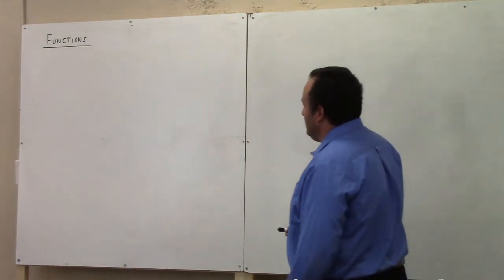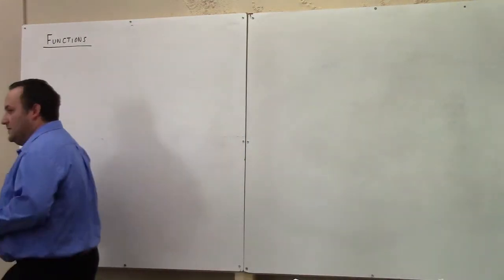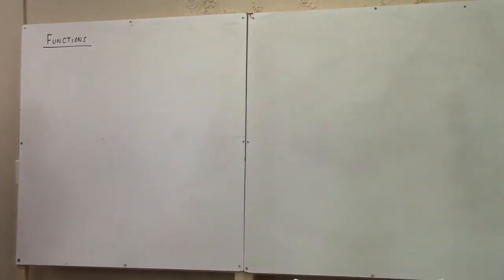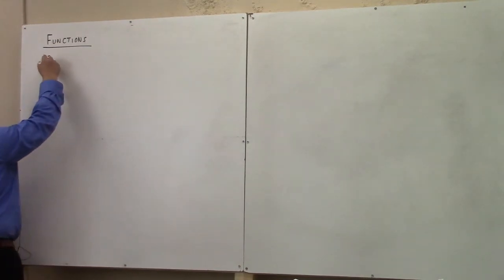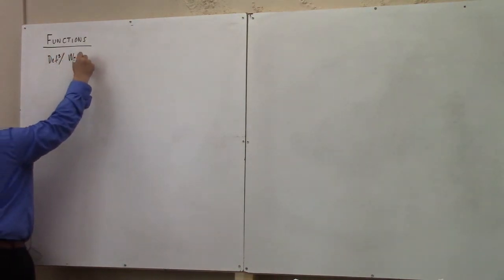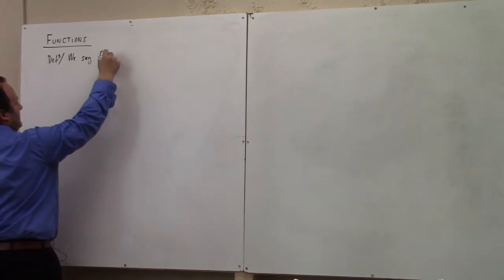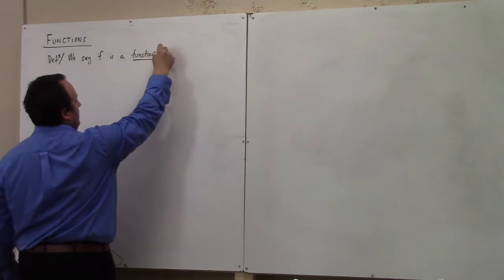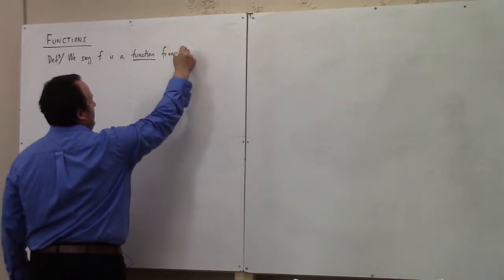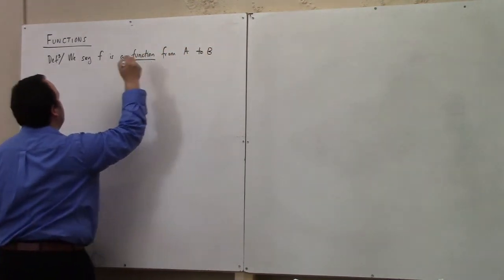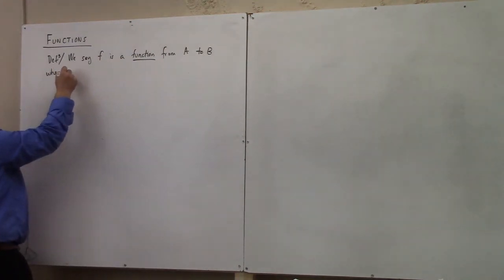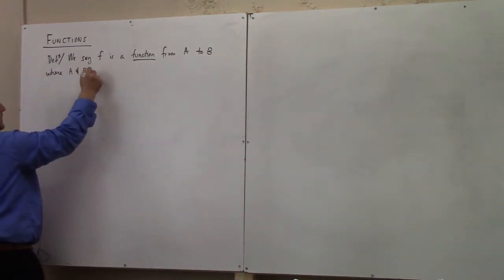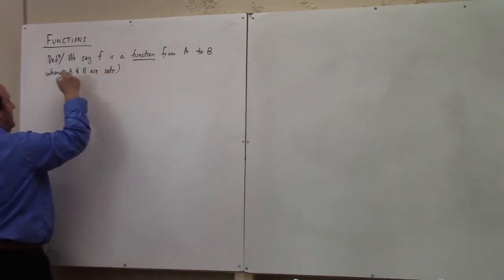But I want to talk to you for about 20 minutes here about what a function is and how we understand it. Okay? So, definition. We say f is a function from A to B, where A and B are sets, right?